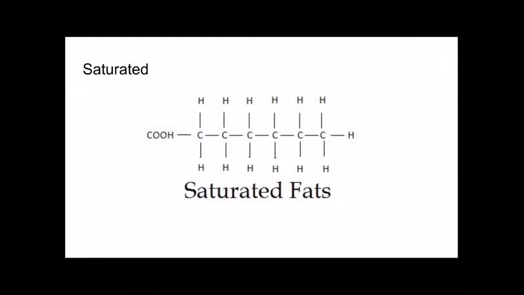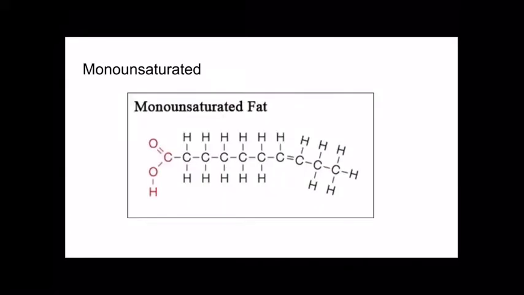Which means they're quite stable molecules. You can expose them to heat, you can expose them to light, and it's not going to affect them unless you expose them to a lot of heat and a lot of light. That's saturated fats. Okay, next type are monounsaturated fats.